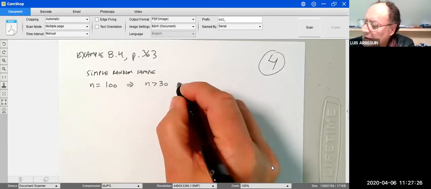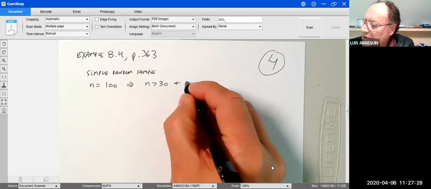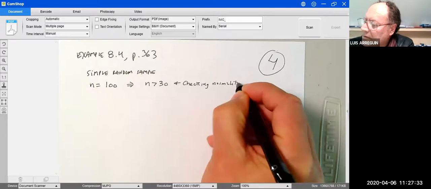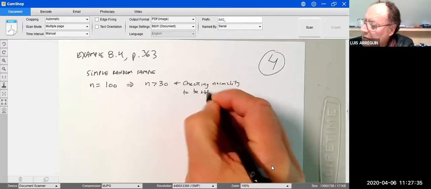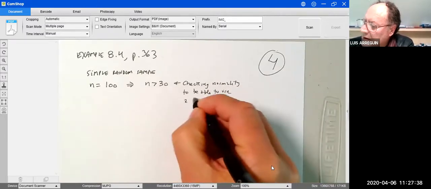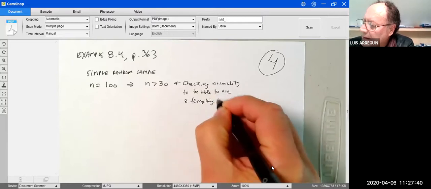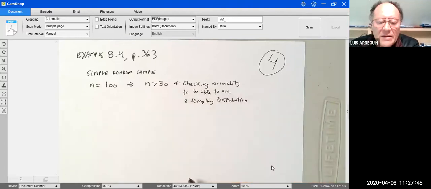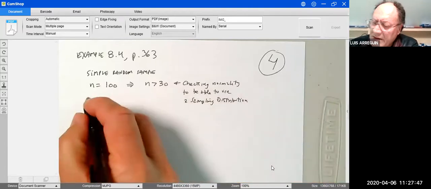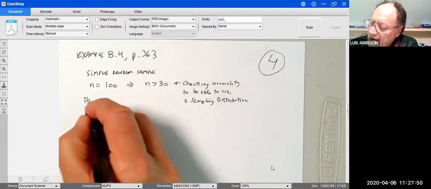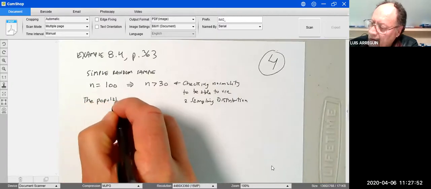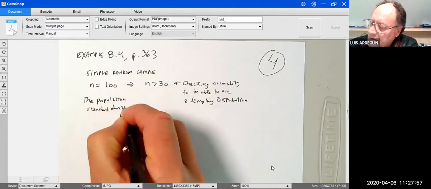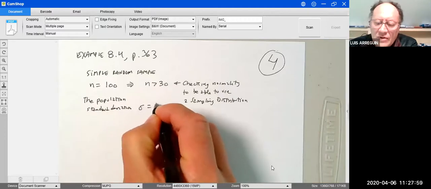So this is a test of normality. We were checking normality to be able to use a sampling distribution from the ones that we learned from previous chapters. Then you need to read carefully: the population standard deviation sigma equals 15.